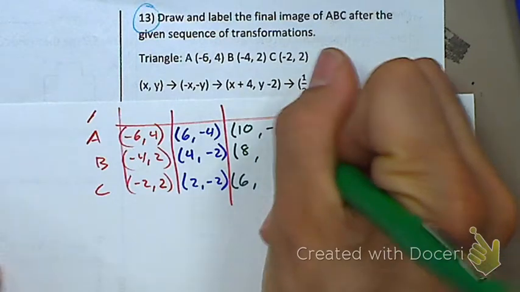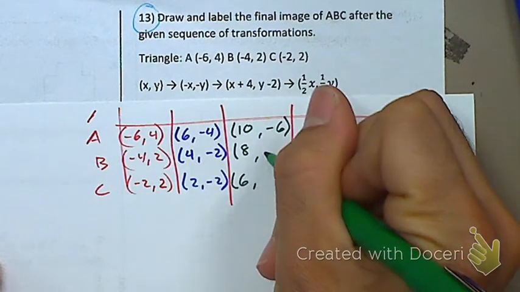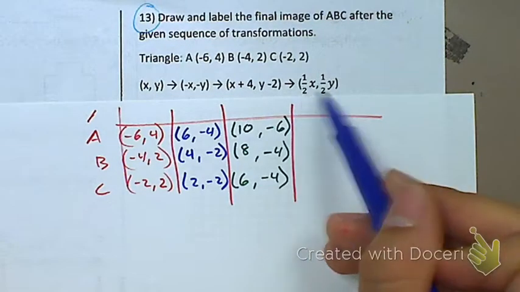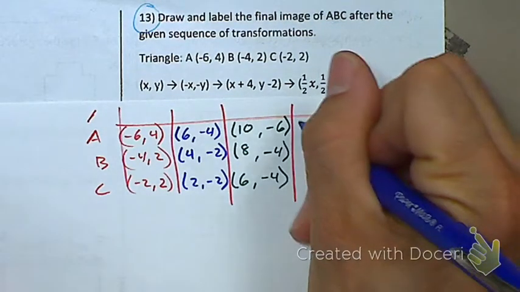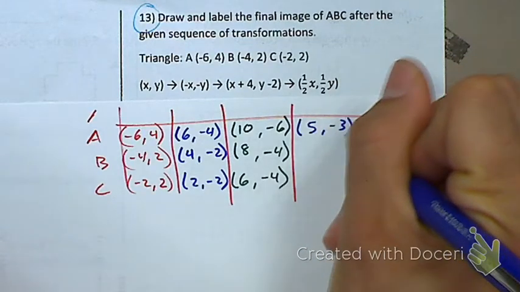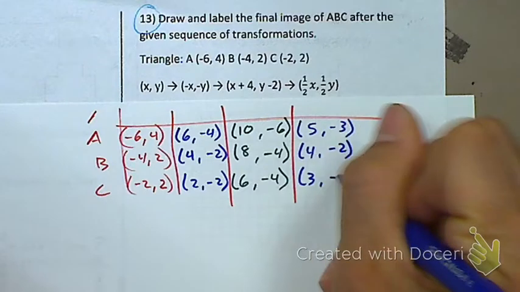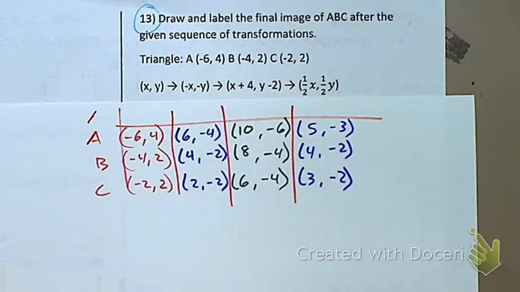Negative 6, negative 2 and negative 2 is so negative 4. And lastly, what's happening to my x and my y's? They are being cut in half. Cut in half, divided by 2. This becomes 5, negative 3, 4, negative 2, 3, negative 2. With these points, you list them, you plot them, you're done.